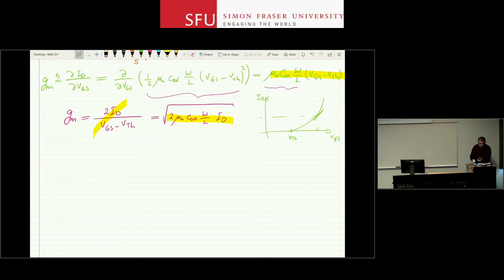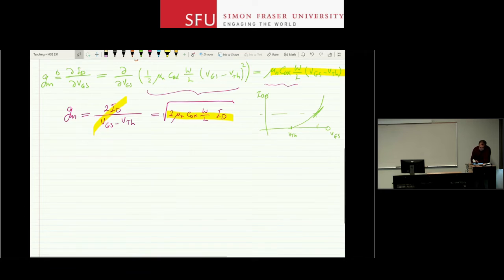So what I'm going to do now is solve an AC problem. Here is an example.